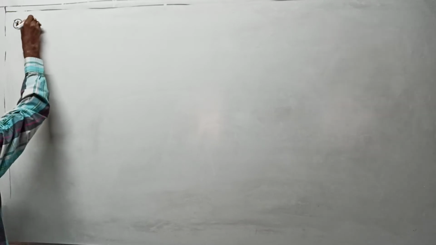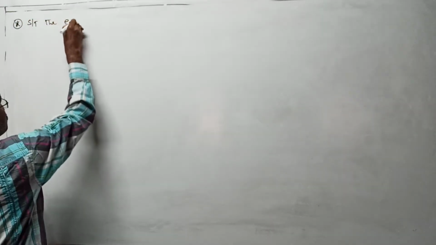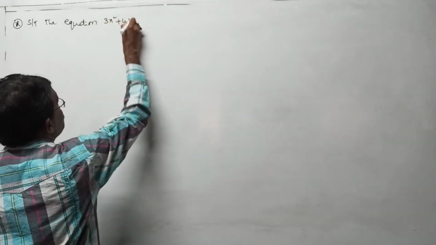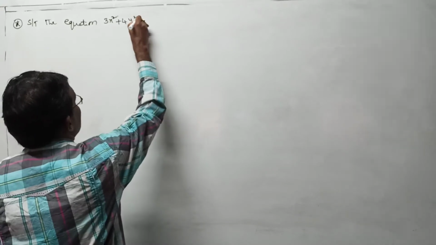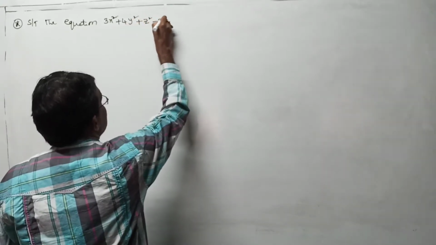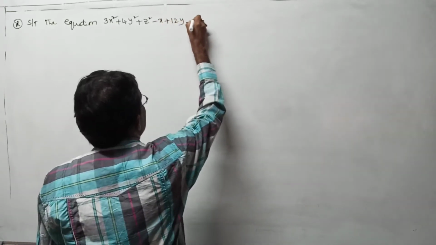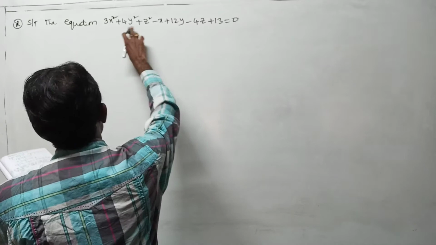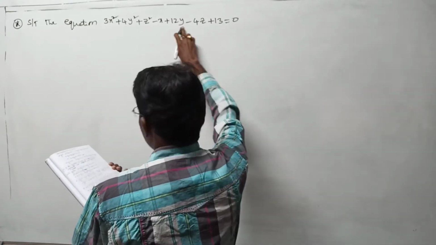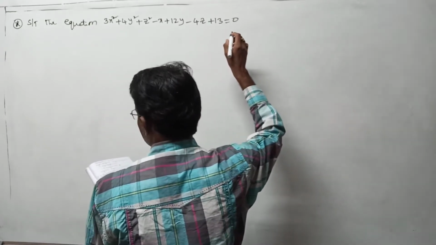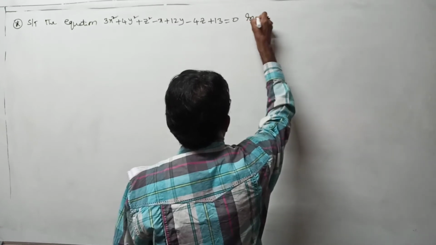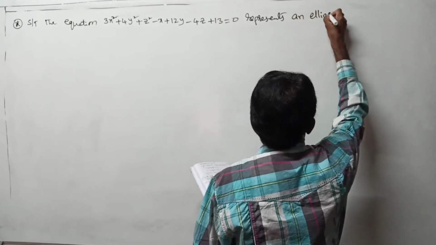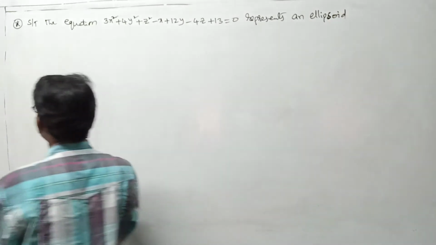Show that the equation 3x square plus 4y square plus z square minus x plus 12y minus 4z plus 13 equal to 0 represents an ellipsoid and find its center.